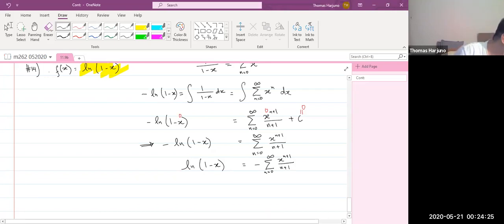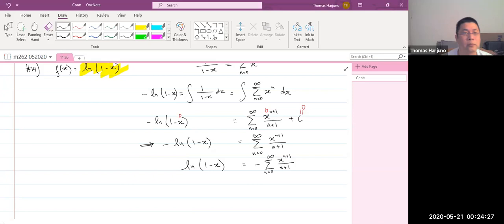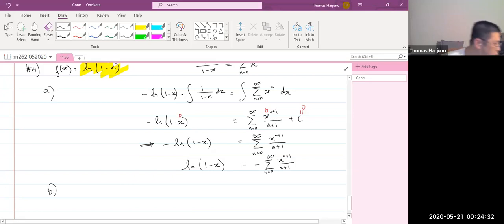Now part B. Find the power series representation for another function, f(x) equals x ln(1 minus x). Well, we just multiply x in.